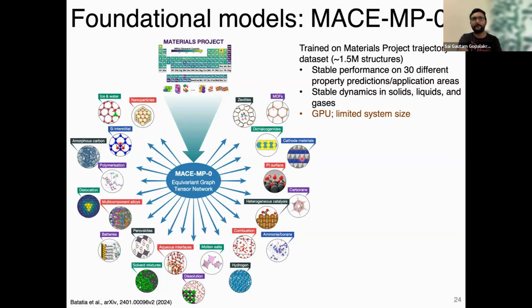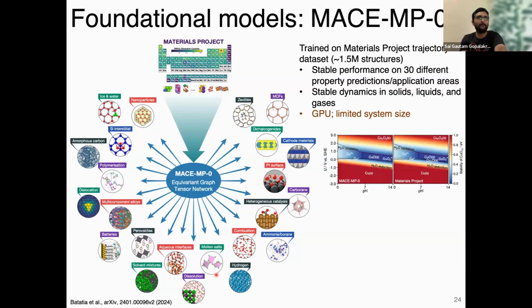So those are usually oxides, phosphates, and so on. These are ammonia borane, so sort of inorganic molecules. And then you also had organic molecules here, like amorphous carbon, so solvent mixtures, dissolutions. So there's a wide range of materials that this foundation model is shown to have reasonable accuracy towards, right? So graph neural networks have made this possible.